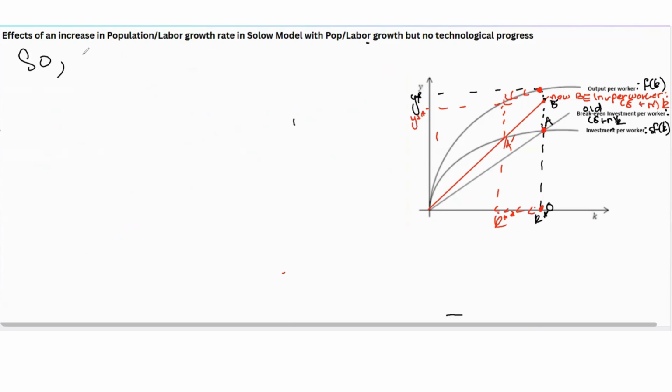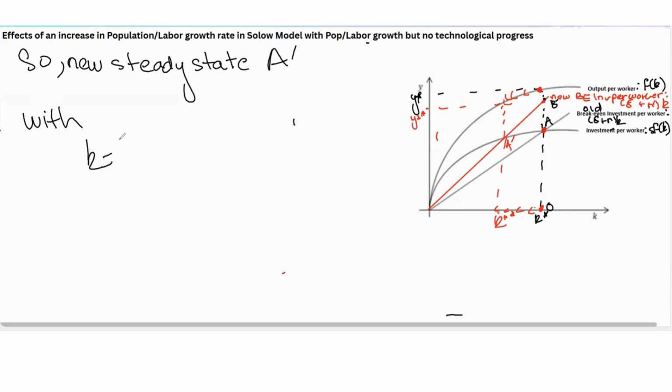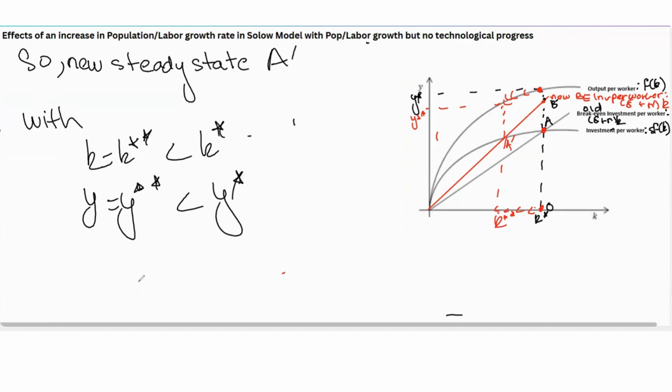The new steady state is A prime, at the intersection of the new break-even investment per worker line and the investment per worker curve, with K equal to K double star less than K star and Y equal to Y double star, which is less than Y star.